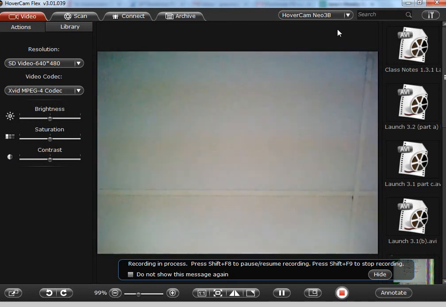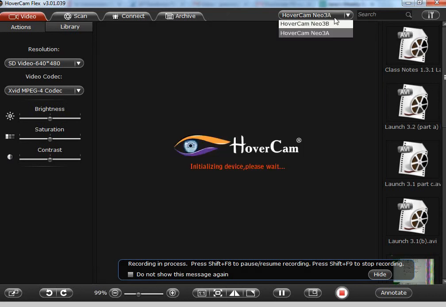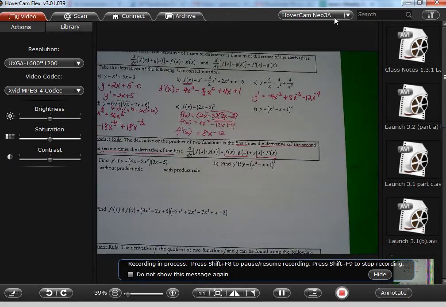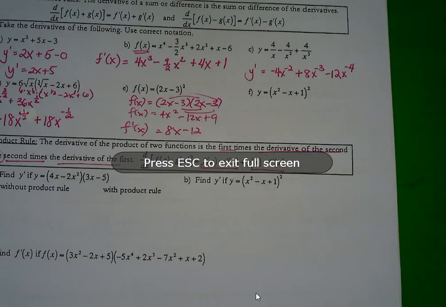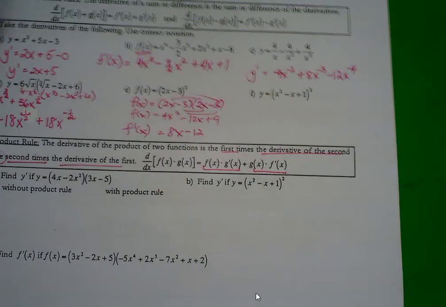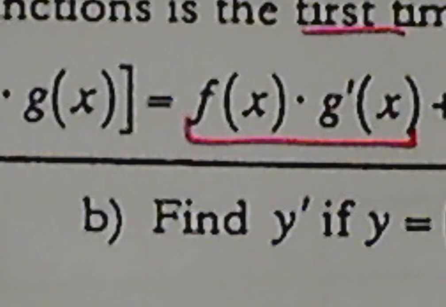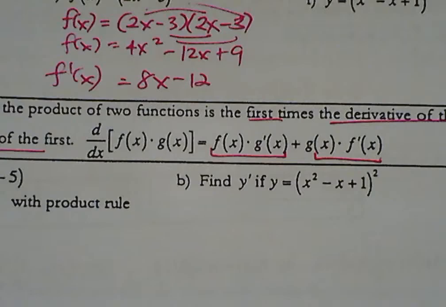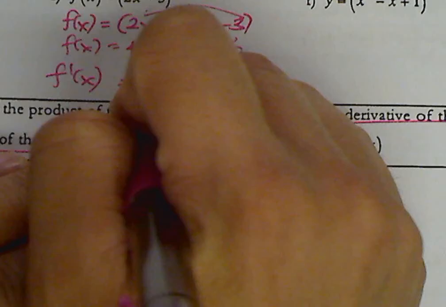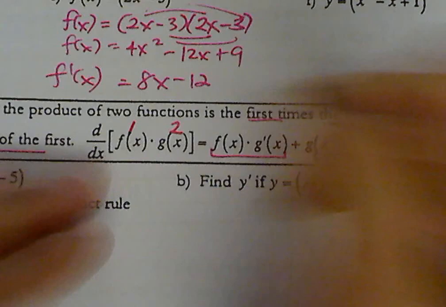Very good. All right, so now what does that mean? If we have two functions, let's just call them 1 and 2. I'm not saying this is a value of 1 times 2.